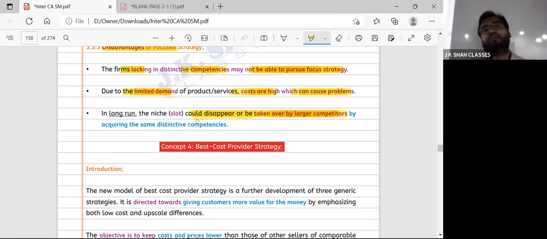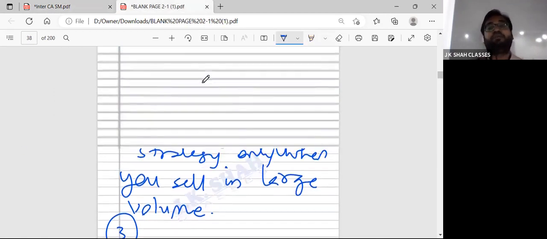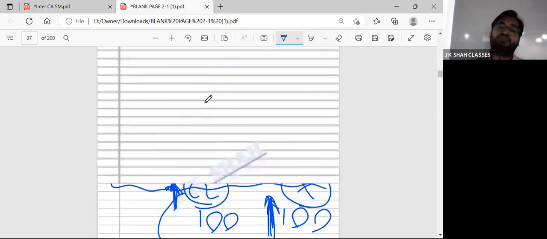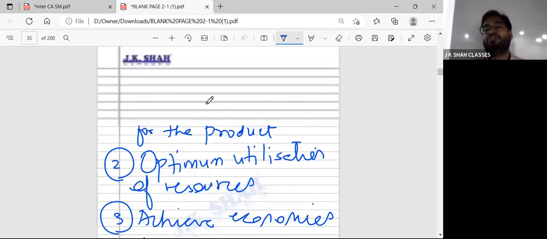Due to the limited demand, the cost is very high, which can cause problems. In the long run, this niche could disappear or can be taken away by other competitors. You all understood this? This was focus. Any doubts in this? You remember Michael Porter had 3 generic strategies. Can you tell me those 3 generic strategies?